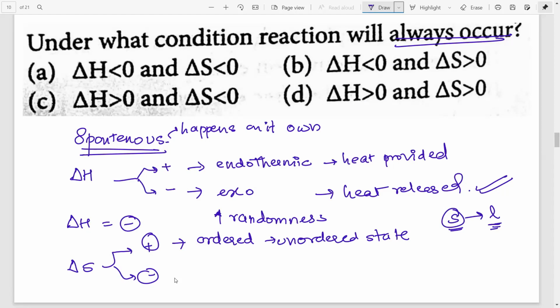When is entropy a negative value? Vice versa, when you go from an unordered state to an ordered state. And the universe is always progressing towards more and more randomness, so a reaction with more randomness is favored. Therefore delta S has to be negative.